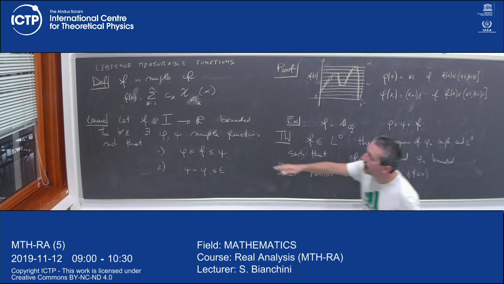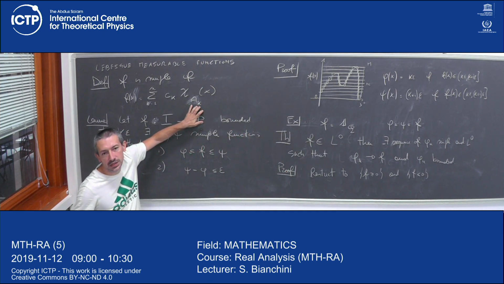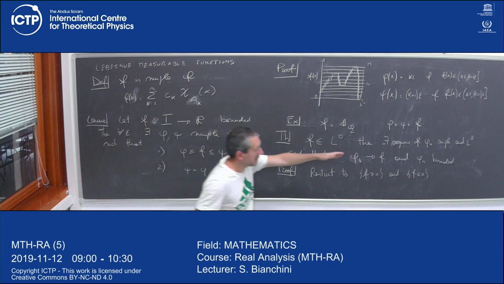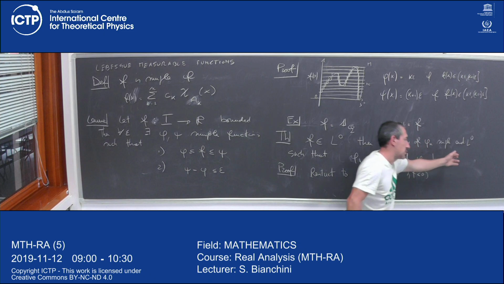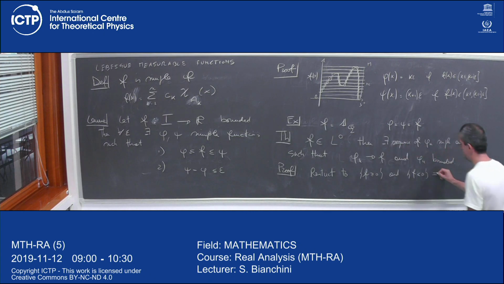Now, instead of having A here, I take A intersection when f is larger than 0, and A intersection when f is less than 0. The measurability is preserved because the sigma-algebra is closed, and that's it. So I have only f larger or equal than 0, just for simplicity.